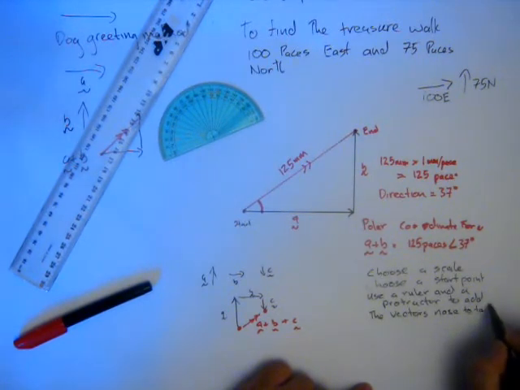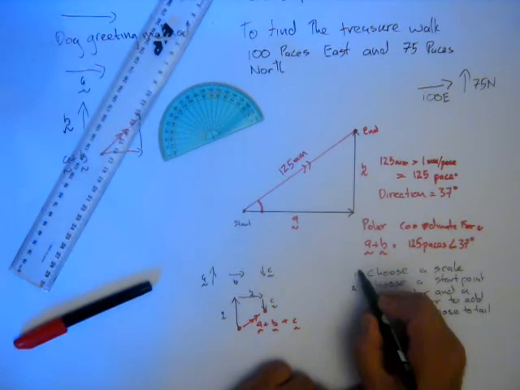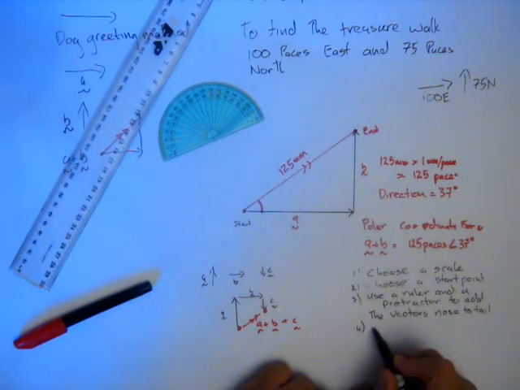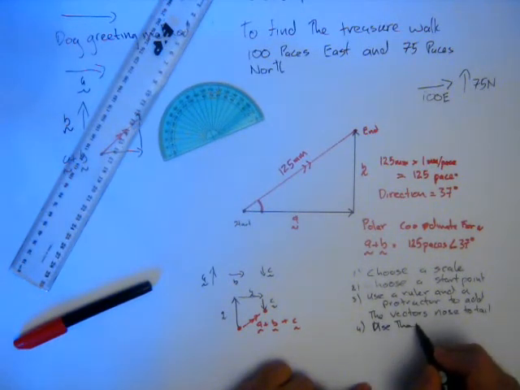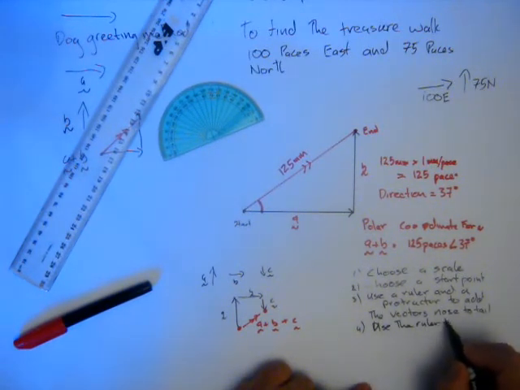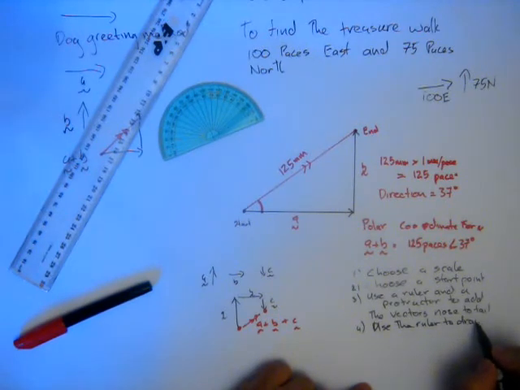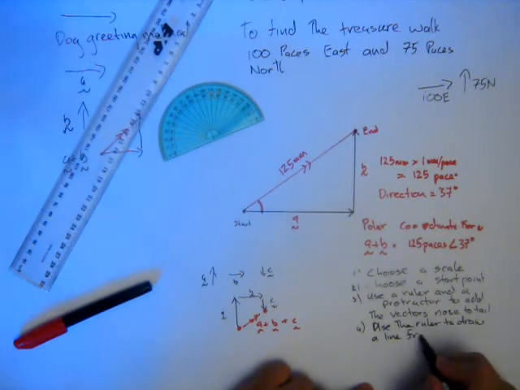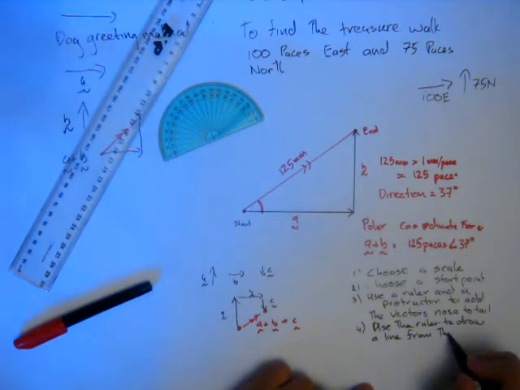That's 1, 2, 3, 4. Draw. Use the ruler to draw a line from the start to the finish.